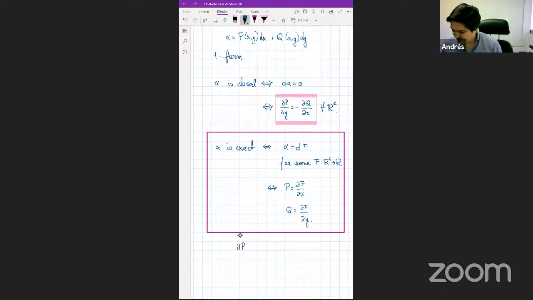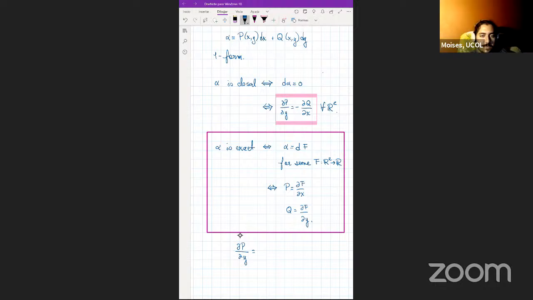The partial of P with respect to y equals the partial of f with respect to x with respect to y.